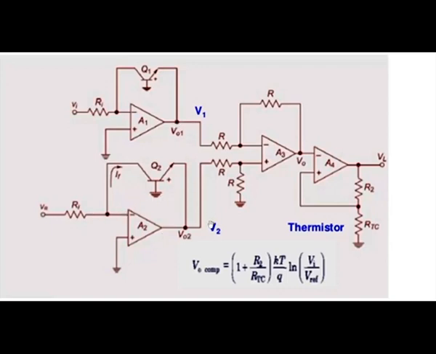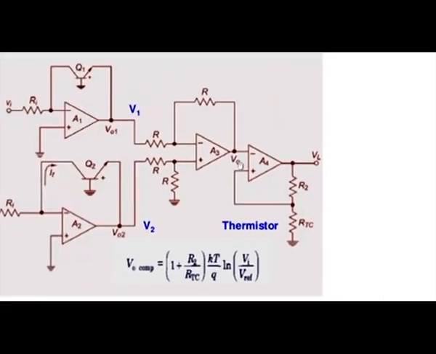So compute these two voltages V1 and V2. These are the input voltages for a differential amplifier. Here A3 is a differential amplifier with all the resistors equal, and the output of the differential amplifier is given to the inverting amplifier here. Since it is given to the inverting terminal, this is an inverting amplifier.